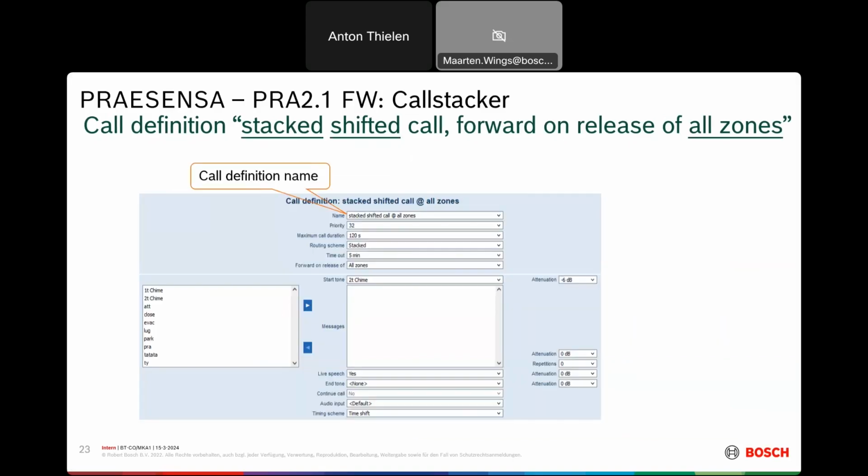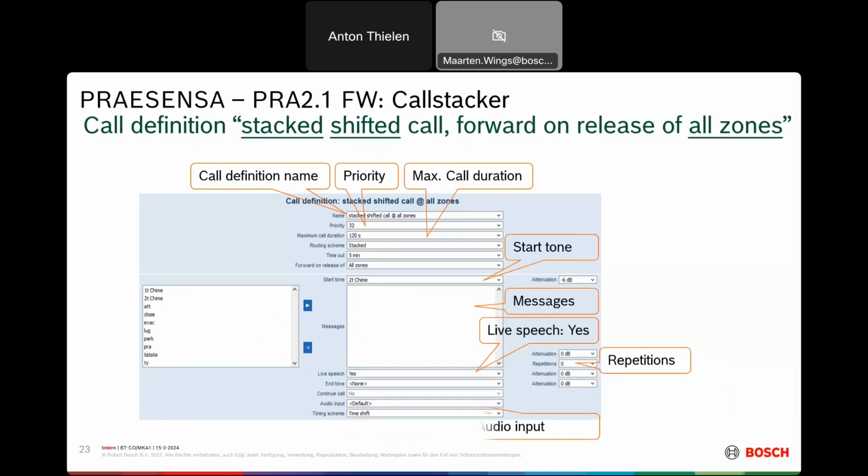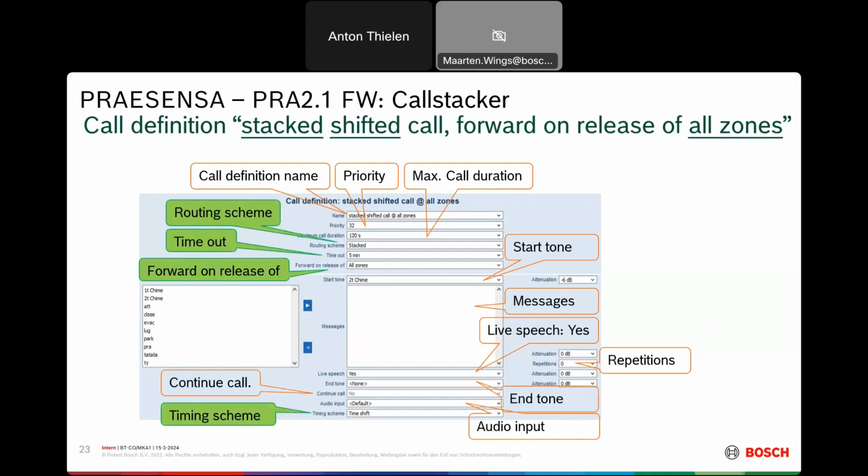And how do you define that? Again, this call definition with all the standard settings. Now you have your routing scheme stacked, and the timeout, again 5 minutes set, forward on release of all zones.